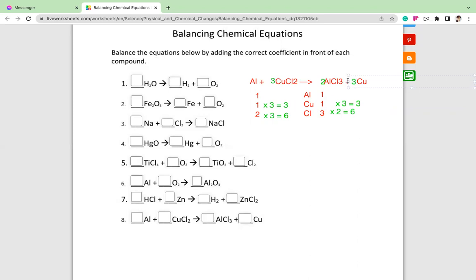Tapos, yung aluminum naman, kailangan i-multiply sa 2 kasi nag-multiply sa may right lang. Very good. So, times 2. So, that's equal to 2. Tapos, sa left din, kailangan i-multiply sa 2 para mag-balance. Very good. So, times 2. So, don't forget the number 2.